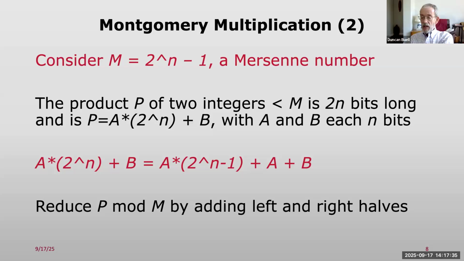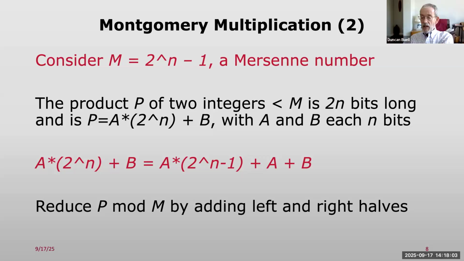And you can just rearrange this as 2 to the n minus 1 times a plus b. And if the number you're reducing modulo is that power of 2 minus 1, the reduction is just adding the left half bits to the right half bits and maybe subtracting 1 if there's a carry forward.